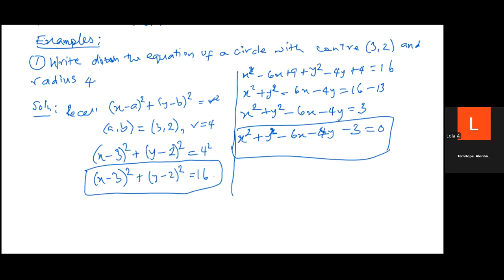So let's see the second example. Let me scroll up. Number 2.